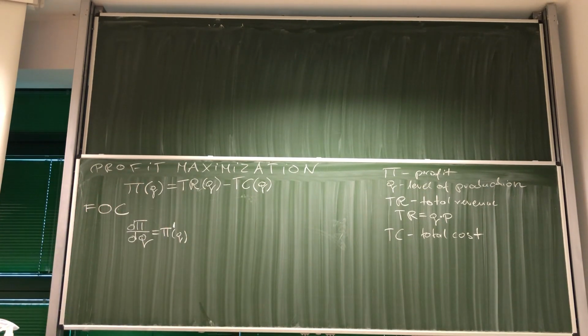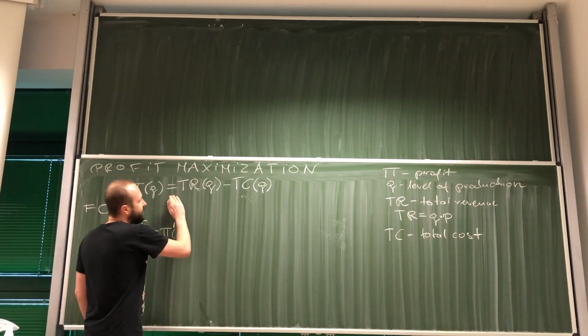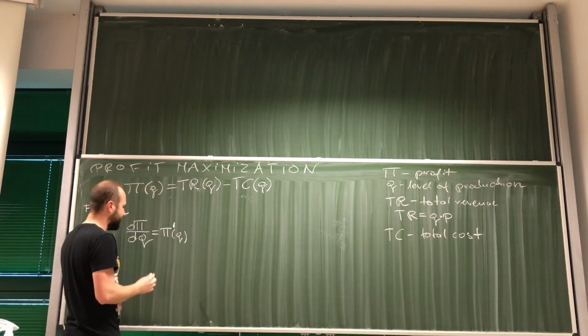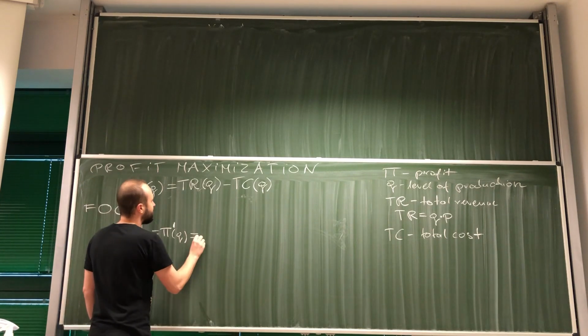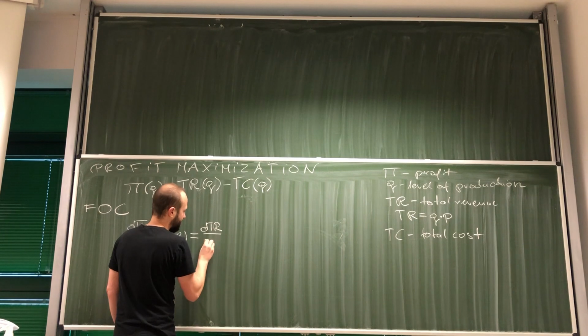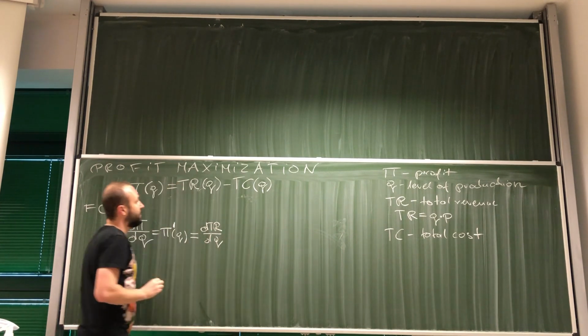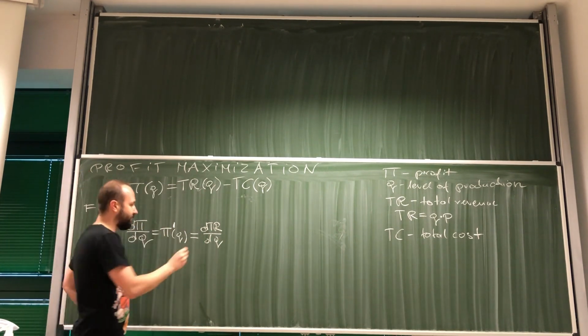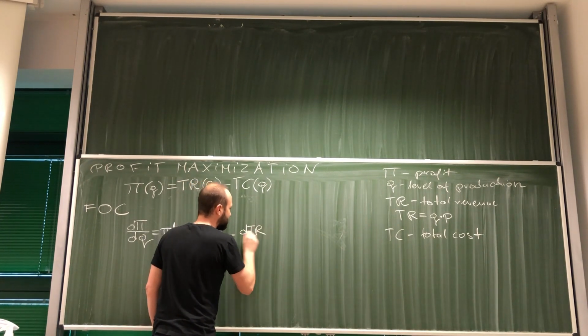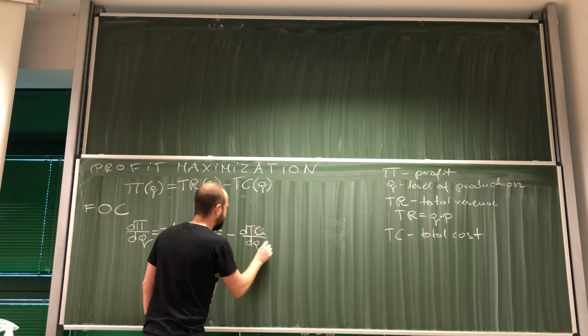It doesn't really matter. Okay, and now look, we need to calculate the derivative of what is on the other side. So we need to take the first derivative of total revenue with respect to quantity and subtract from it the derivative of total cost with respect to quantity.